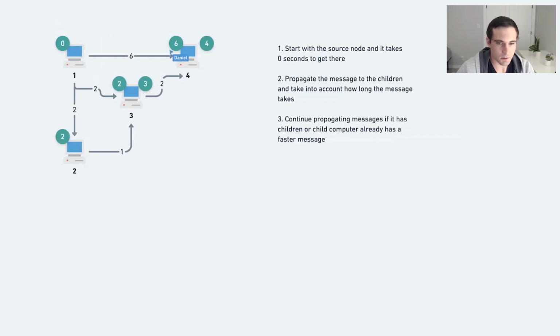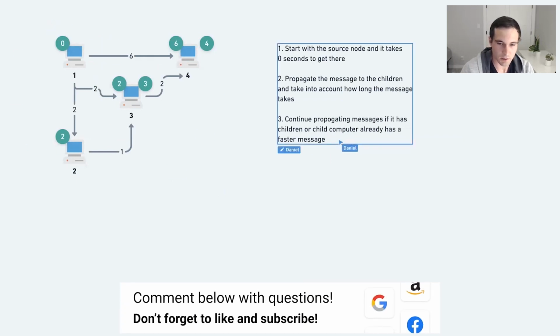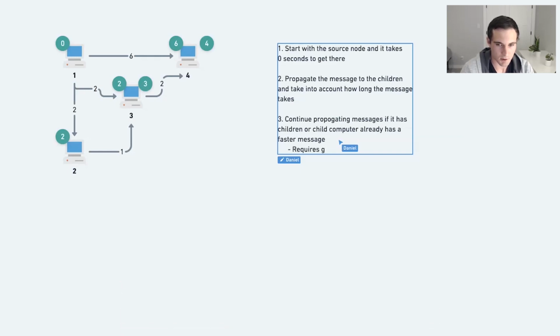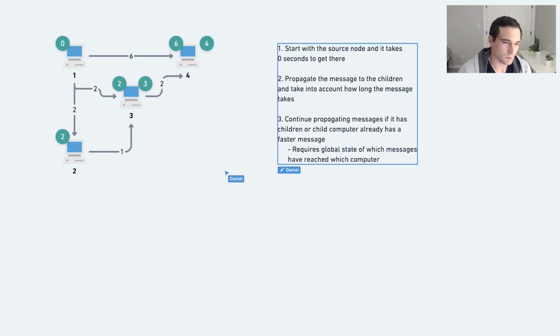And actually, one more thing to note, I'm just gonna keep a note for myself, is this requires some global state of which messages have reached. So what I'm thinking is when we're checking whether we should propagate the 3, we need to know that the 2 is already there.